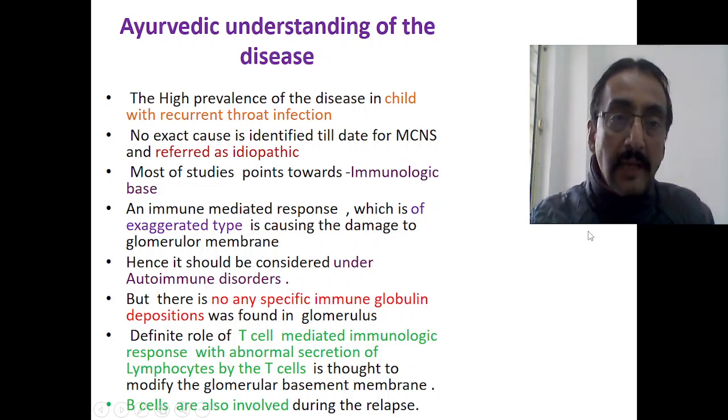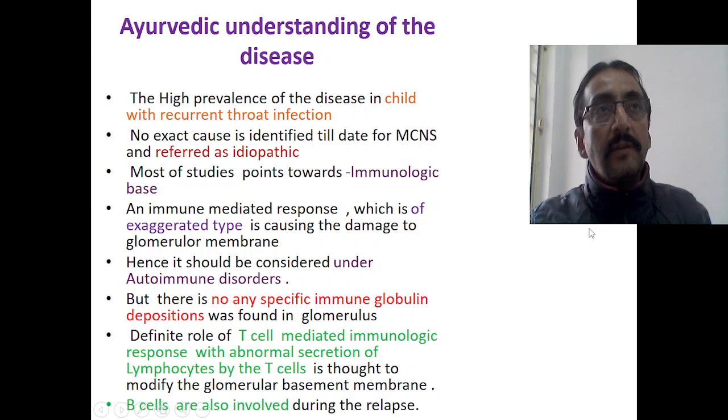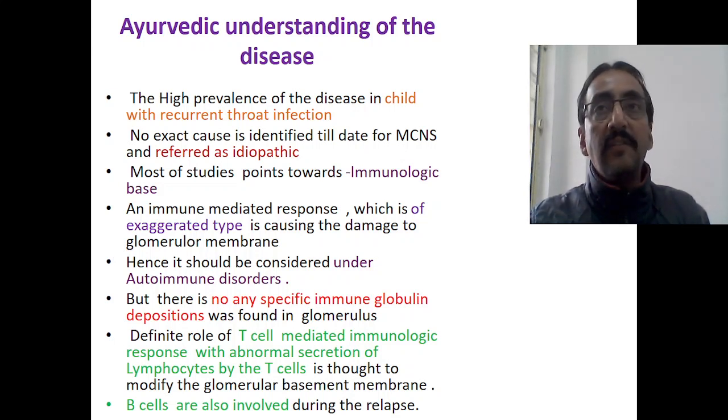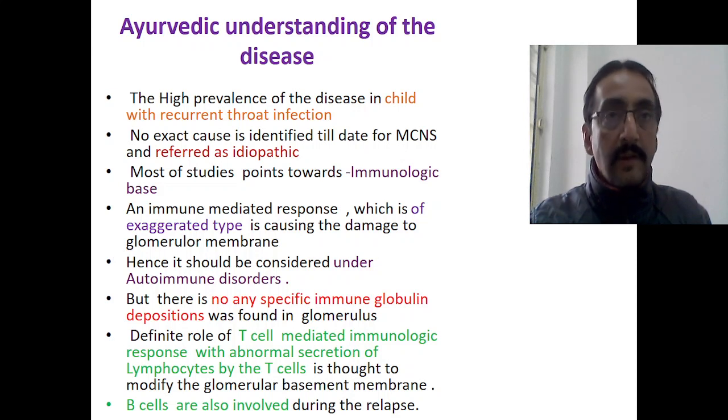Now, we know that there is a high prevalence of minimal change nephrotic syndrome or idiopathic nephrotic syndrome in childhood practice, and we also know that the incidence is high in those kids who have suffered from repeated respiratory tract infections, throat infection, pharyngitis, laryngitis, tonsillitis, etc. That means recurrent throat infections by the streptococcal group of infections always increase the risk of developing nephrotic syndrome.